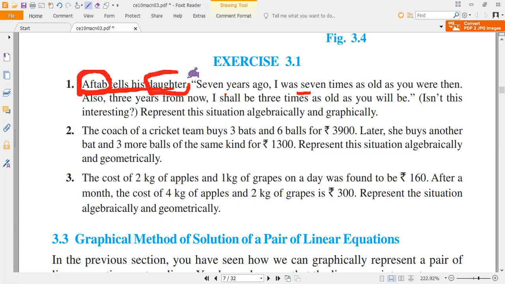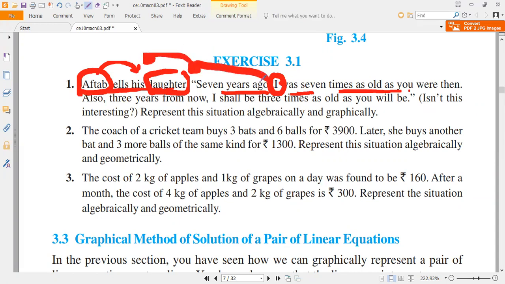Aftab tells his daughter, 7 years ago, I was 7 times as old as you. Here I represent whom? The father.